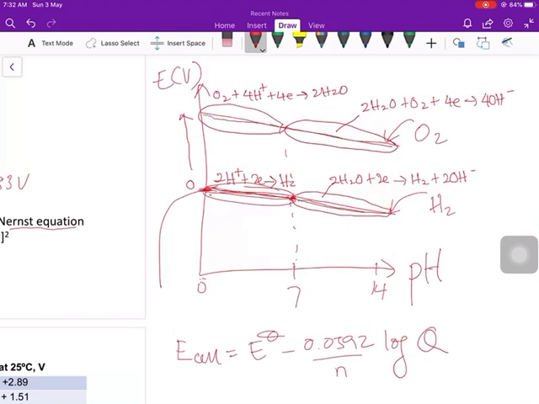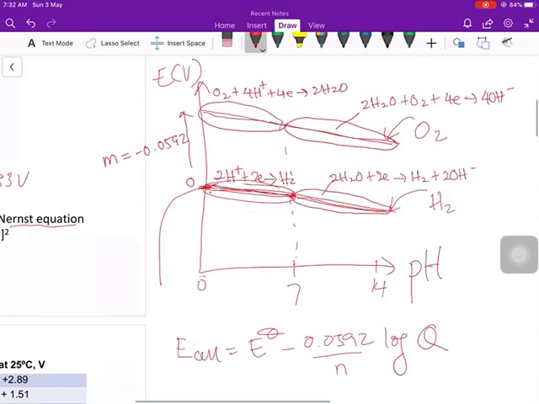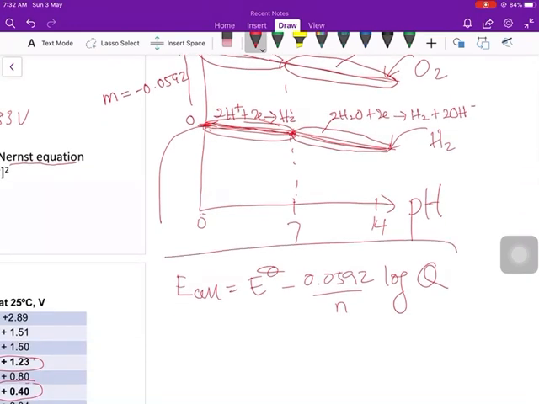The top and the bottom slope have the same slope value, 0.0592. Both slopes rely on the Nernst equation.